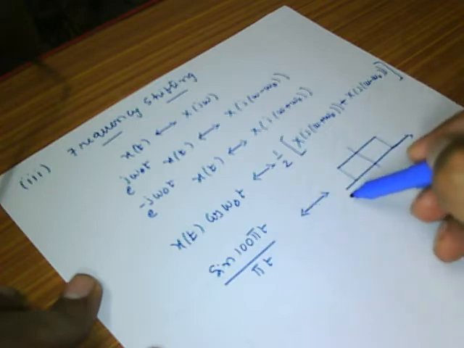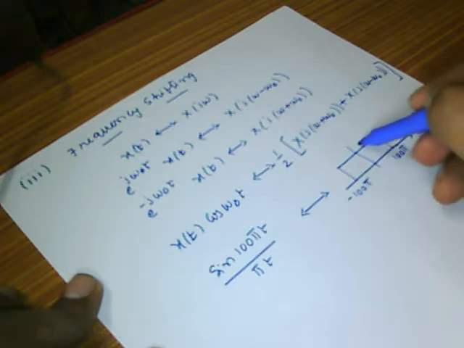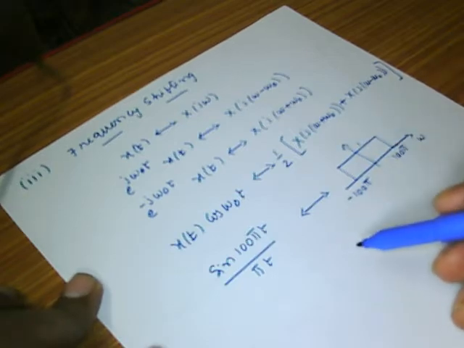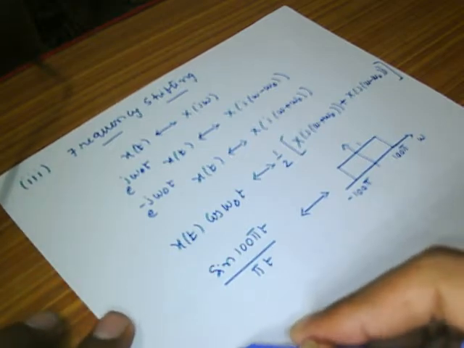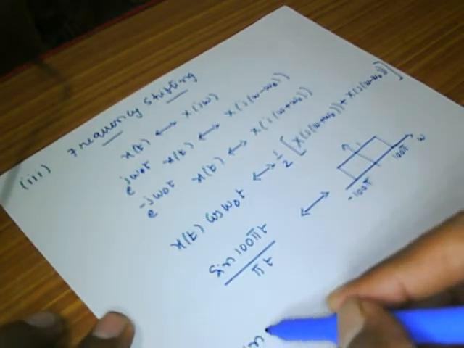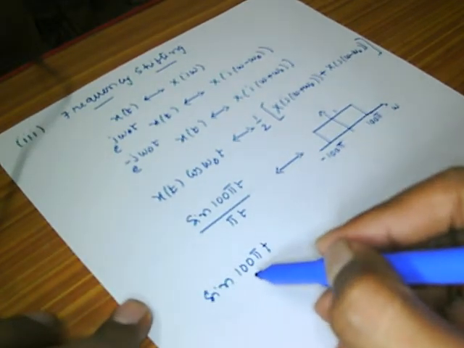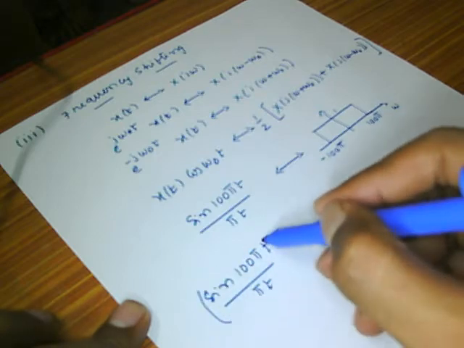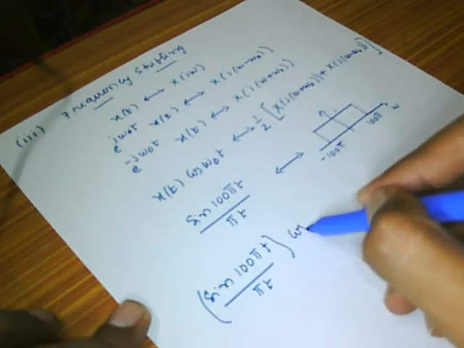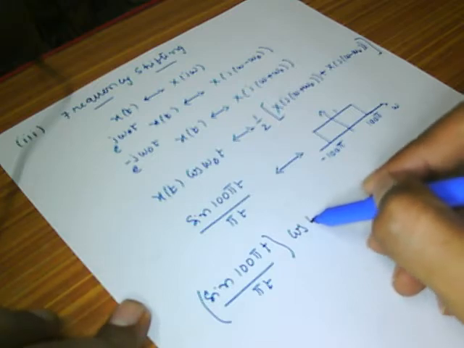So this will be minus 100 pi to plus 100 pi along omega, and the amplitude is 1. Now I want to find the Fourier transform of sine 100 pi t by pi t multiplied with cos of, let us say, 400 pi t.